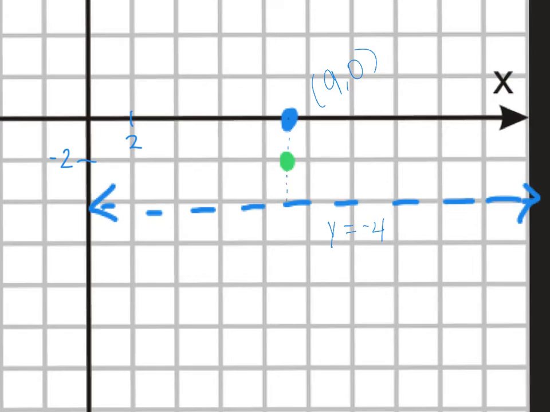So if they were 4 units apart, 2 units apart is where I'm going to put my vertex, so right in the middle. So this is my vertex, and that's going to be the point (9, -2).